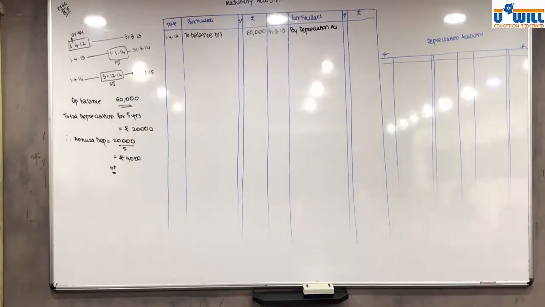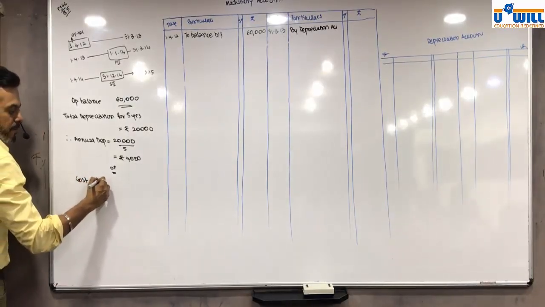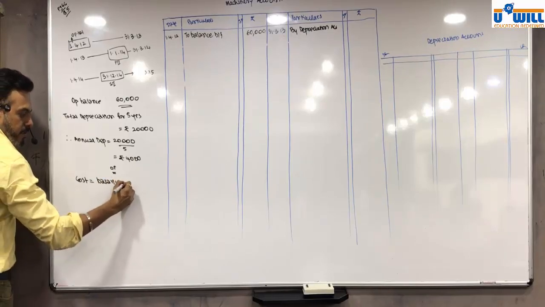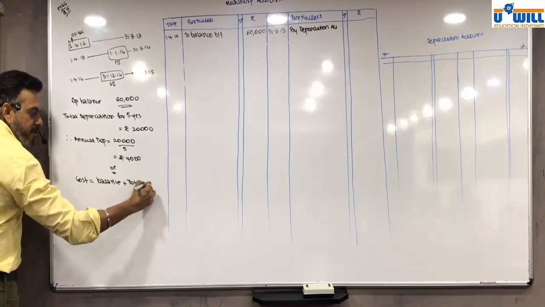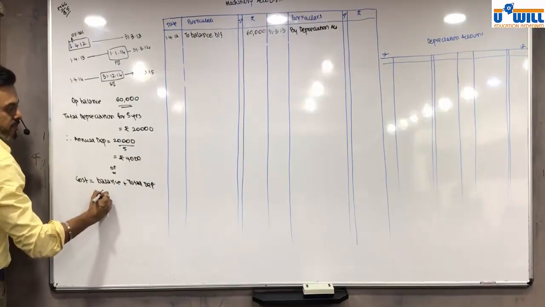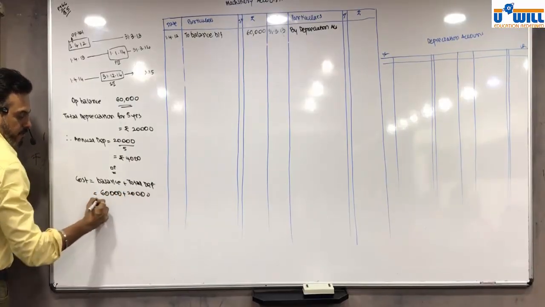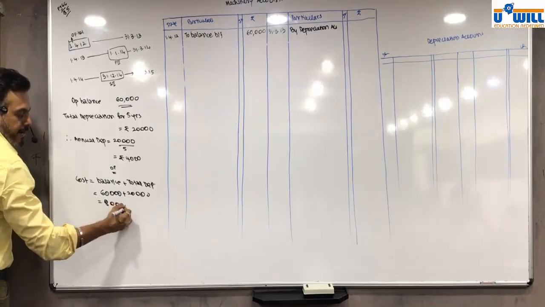Or can I say cost is equal to balance plus total depreciation provided till date, which is equal to 60,000 plus 20,000, which is equal to 80,000.